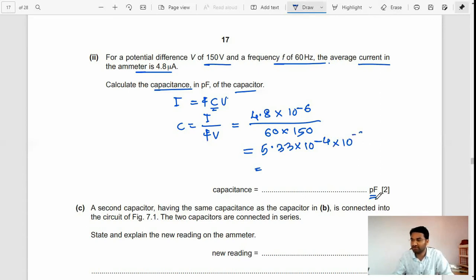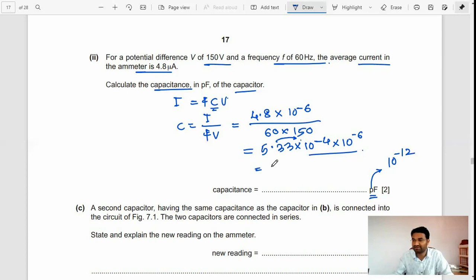Here picofarad is the unit they have written, so you have to convert this also into picofarad, right? Pico to farad means 10 raised to negative 12. So you will get this as 10 raised to negative 10. So just shift this 2 points, right?